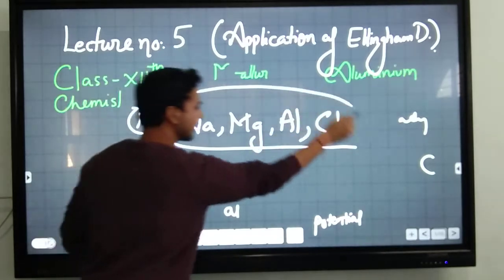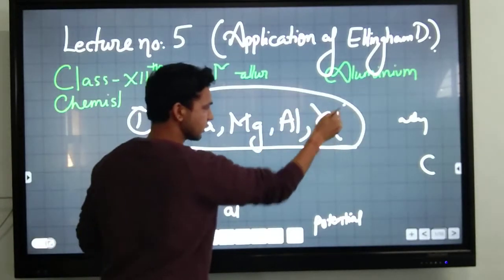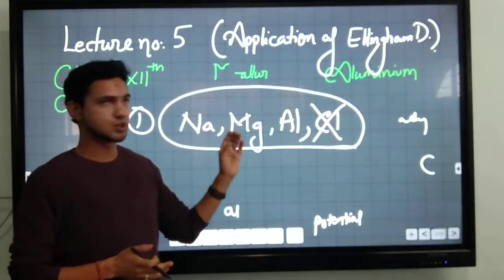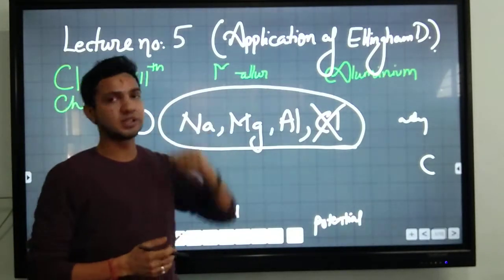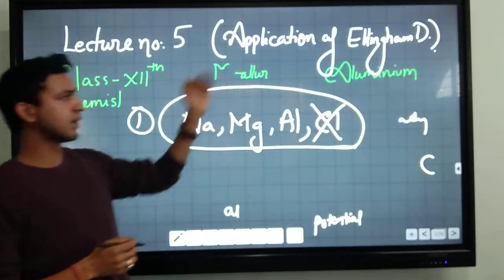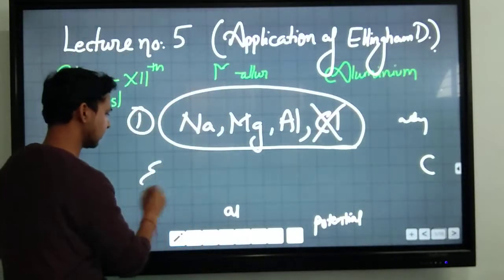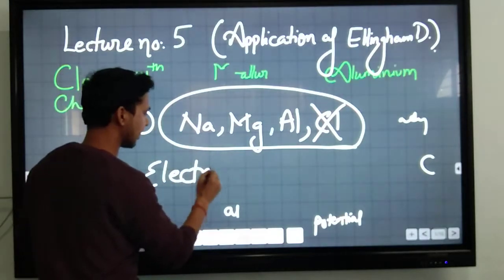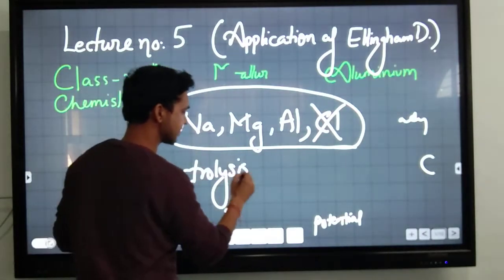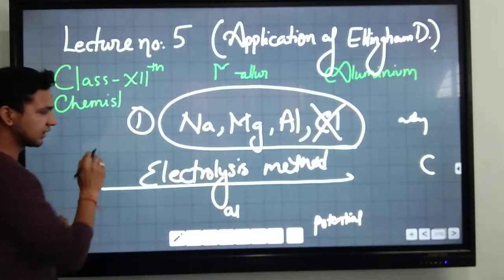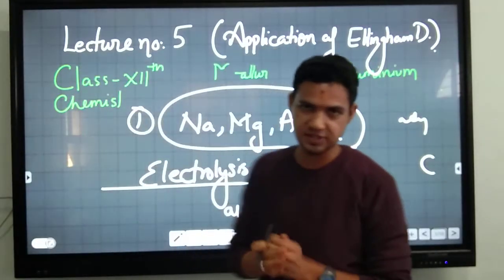So these highly reactive metals are generally separated from their ore by this metallurgical method, and that takes place by passing electricity. So this is known as the electrolysis method. So that method is also known as the electrolysis method.